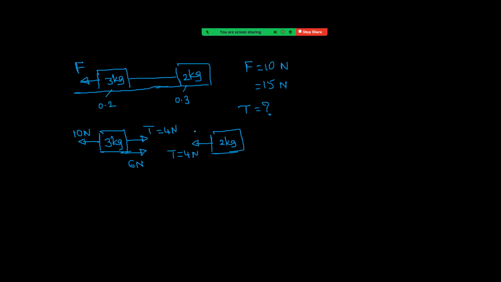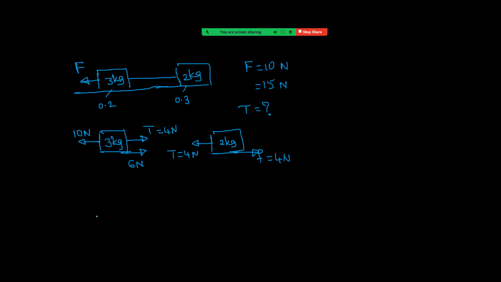Yes, it is now 4. Friction's limiting value is 6, so any value up to 6 is possible. Now it requires only 4, so friction provides only 4. That means here friction is at limiting value, and here friction is less than the limiting value.